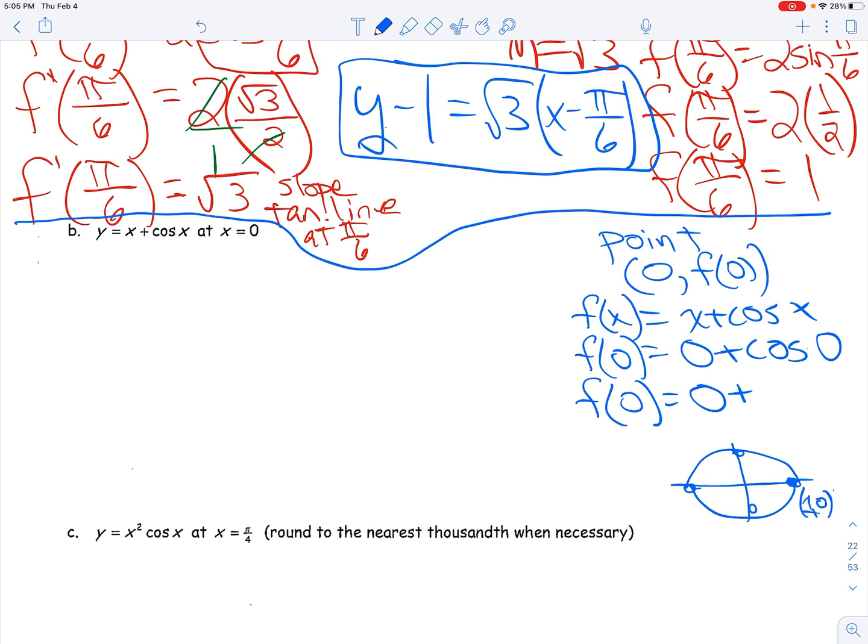It's going from the unit circle at 0 radians.